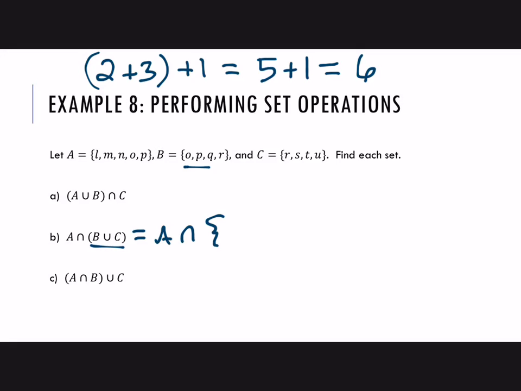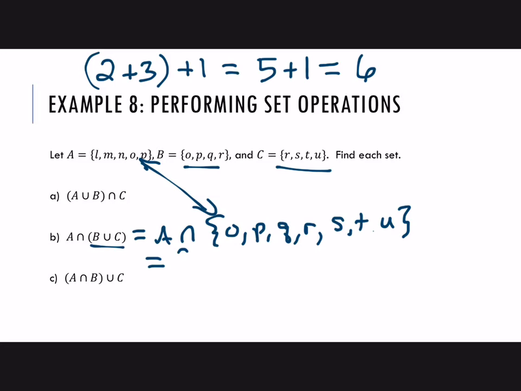The union of B and C: O, P, Q, R from B, and then I already have an R, and then also S, T, and U from C. And I want to intersect this set with set A, so look for elements that they share in common. Not L, not M, not N, but I do see an O and a P. So that intersection is O and P.